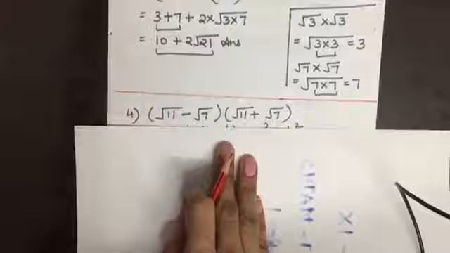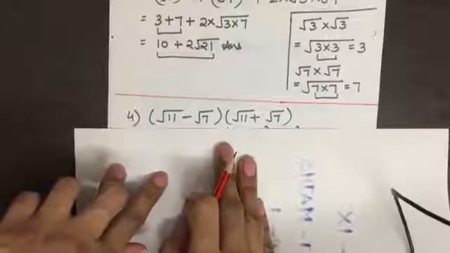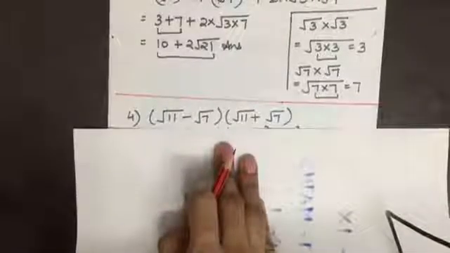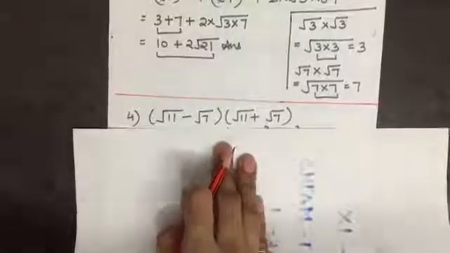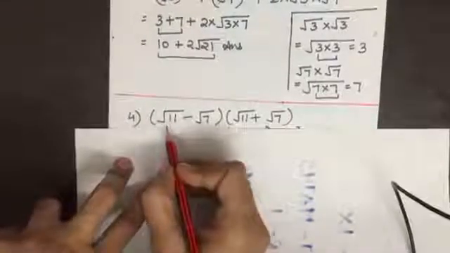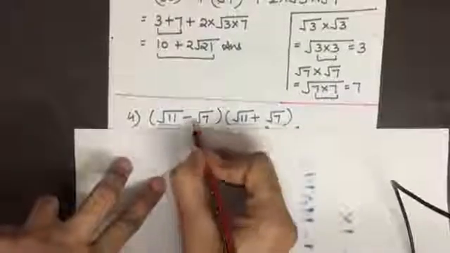Next is (root 11 minus root 7)(root 11 plus root 7). Now I'm giving you 2 minutes, just 1 minute. You just see and tell me how you will do this question. Yes, very good. I know you all have recognized that a and a are the same, b and b are the same, and signs are different.